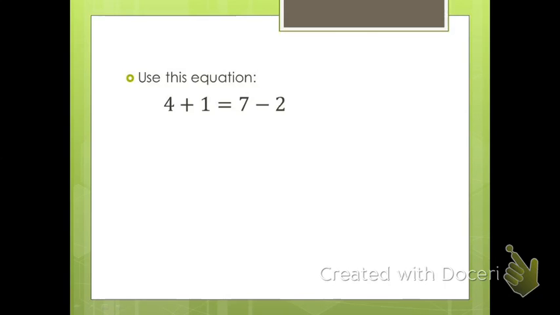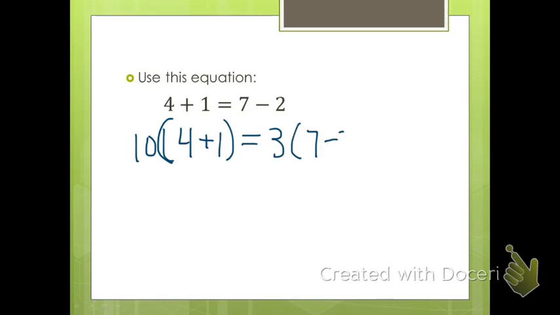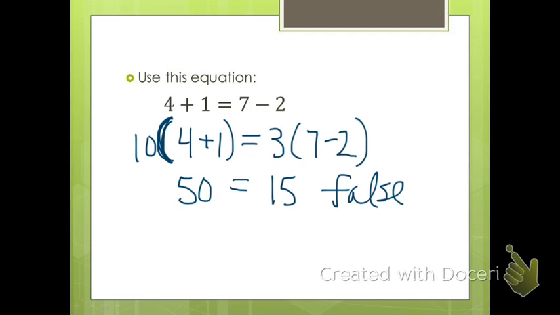Okay, what if I multiplied the left side by 10 and the right side by 3? That becomes 10 times 5, or 50 on the left side, and 3 times 5, or 15 on the right side. No longer a true equation.